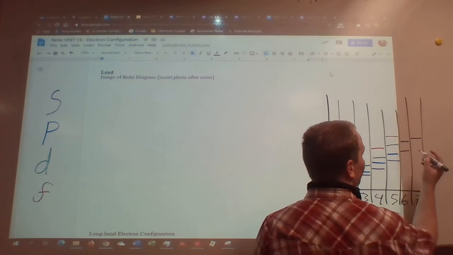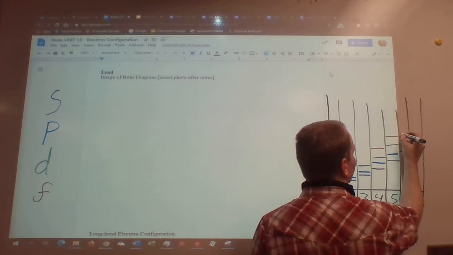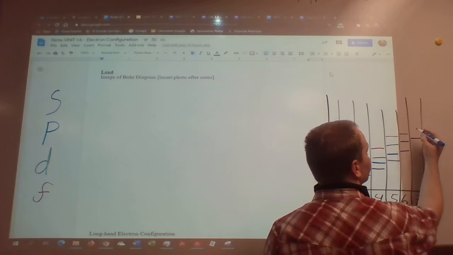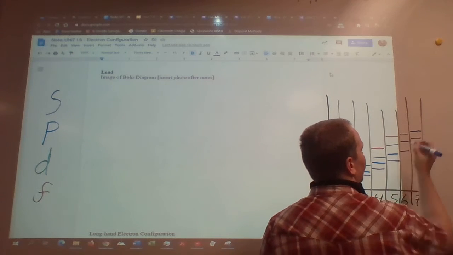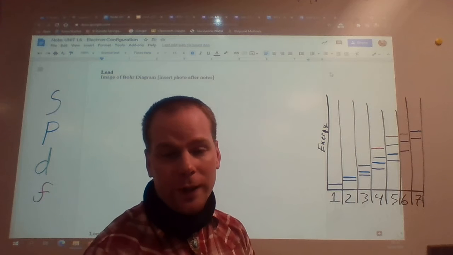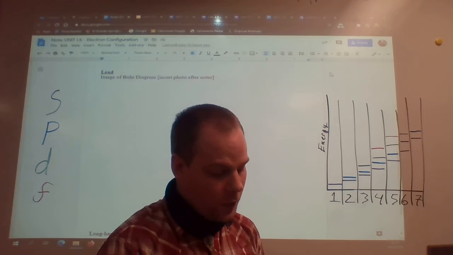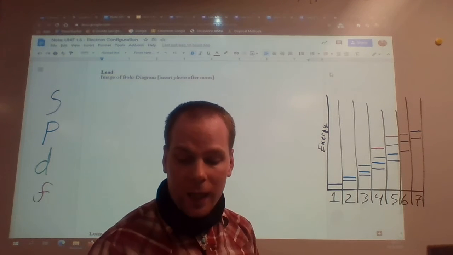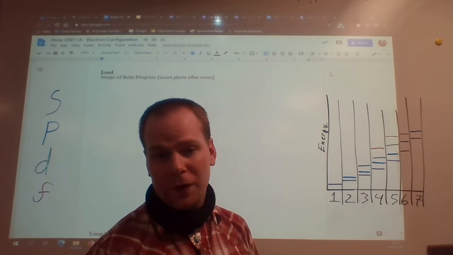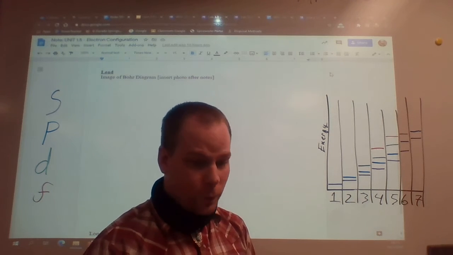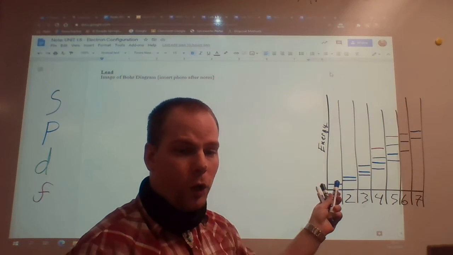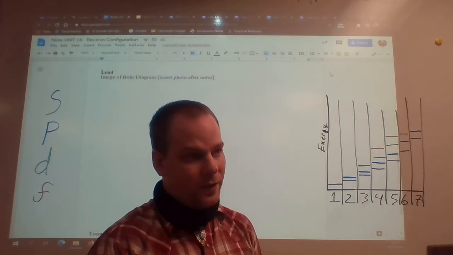After 5f comes 6d. After 6d comes 7p. Now, logic would dictate that the next subshell should be 8s, but we haven't confirmed an element yet that exists with that many subshells. So this is all known subshells at this time.